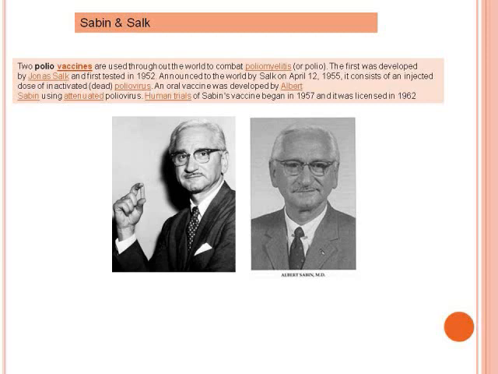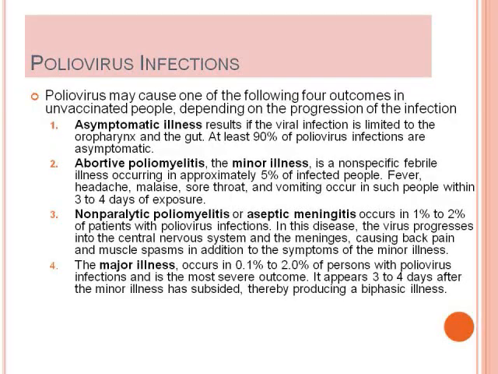Anyway, I don't want to go into the clinical stage of poliovirus, but you can read it on your own, because this is more like a clinical condition. The chances are, as I said earlier, you would never see that. But just remember that there could be four kinds of outcomes. You can have an asymptomatic illness, a minor illness, a non-paralytic illness, or a major illness.